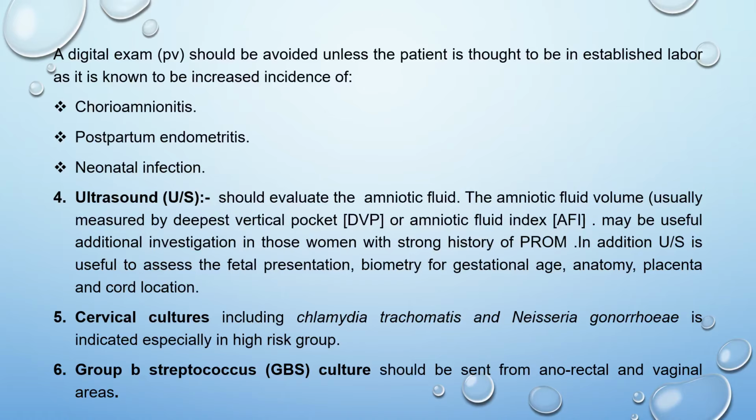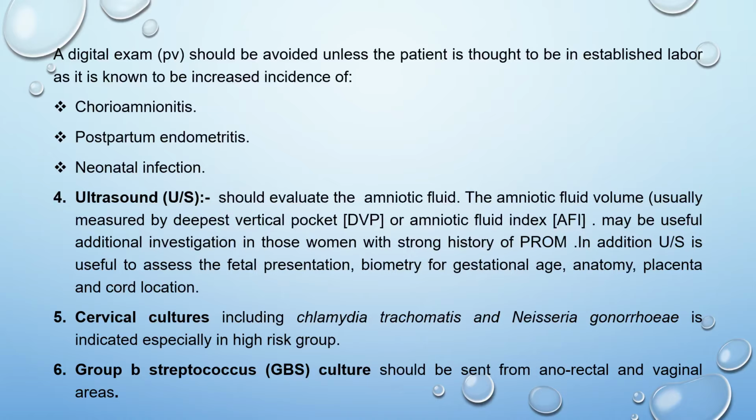What else should we do? Ultrasound. We should evaluate the amniotic fluid volume, usually measured by the deepest vertical pocket or amniotic fluid index, which may be useful for additional investigation in those women with a strong history of premature rupture of membrane. In addition, ultrasound is useful to assess the fetal presentation, biometry of the gestational age, anatomy, the placenta location and the cord position.